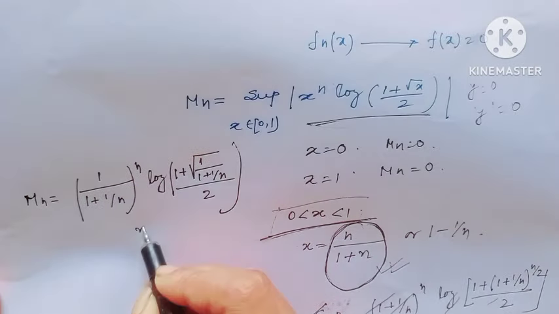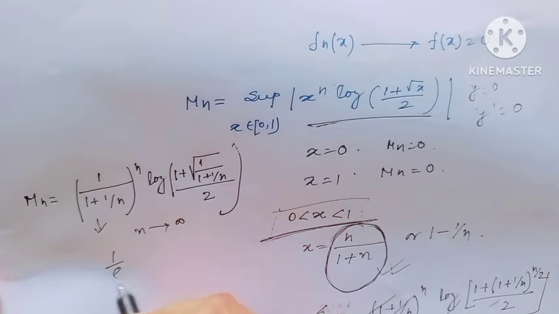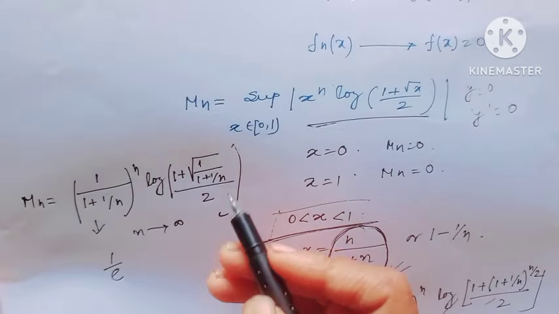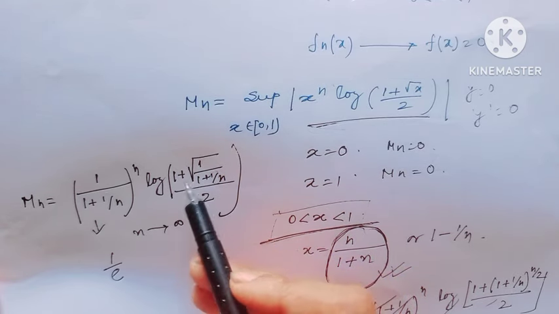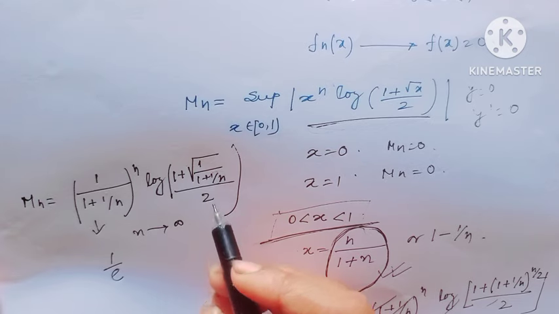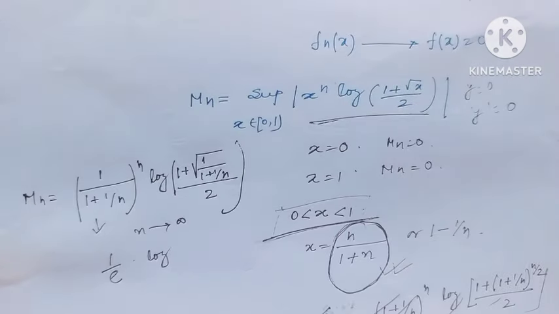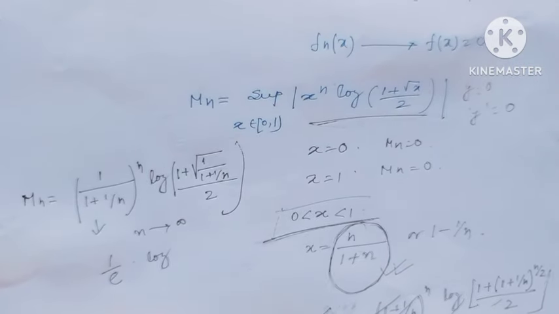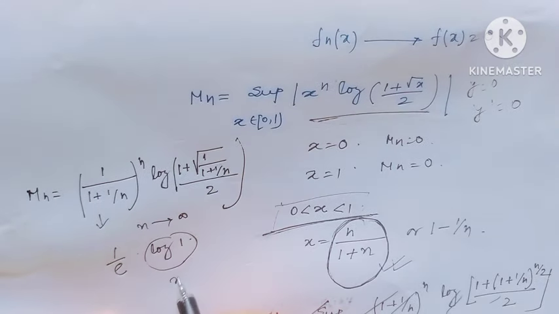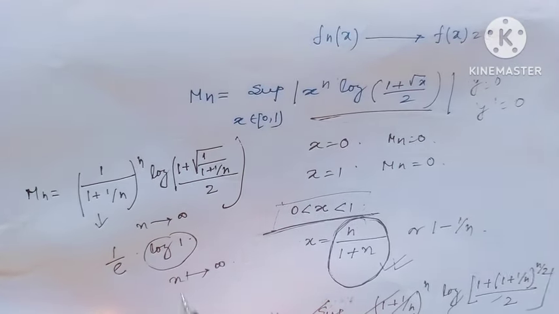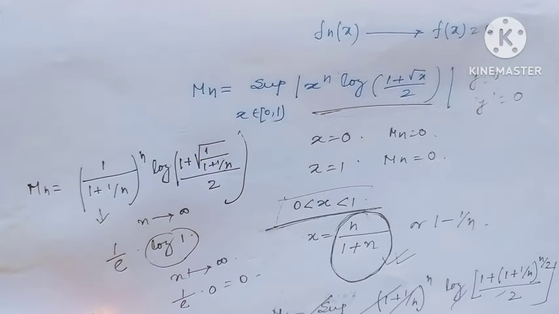And as n goes to infinity, we all of us know this value goes to 1 over e, and this other value goes to 0. Here log((1 + 1)/2), log 2 over 2 means 1, that means log 1, and we all know this value equal to 0. That means as n goes to infinity, this tends to 1 over e times 0, which equals 0.